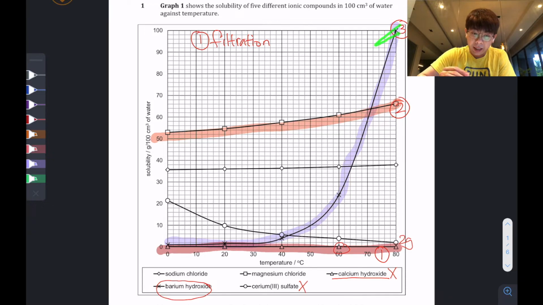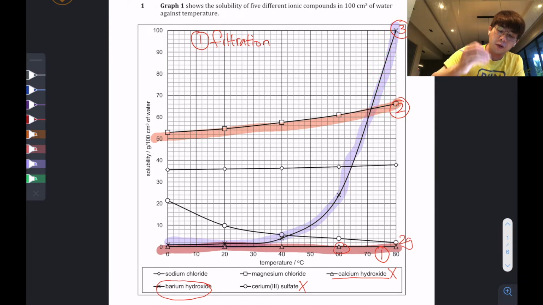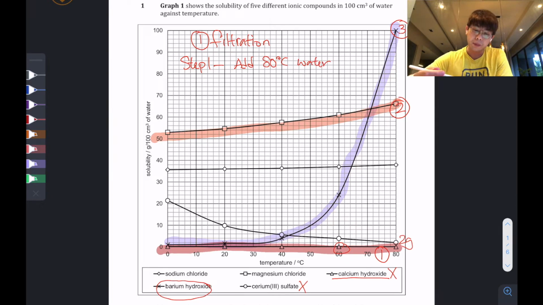Obviously I need to use high temperature water to make sure that 3 and 2 will all dissolve. So step 1, I add 80 degrees Celsius water. At 80 degrees, number 3 and number 2 will dissolve, but number 1 will not dissolve.